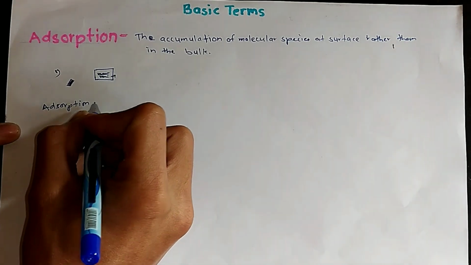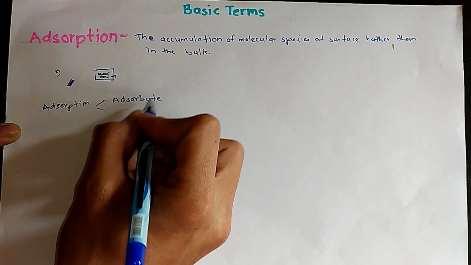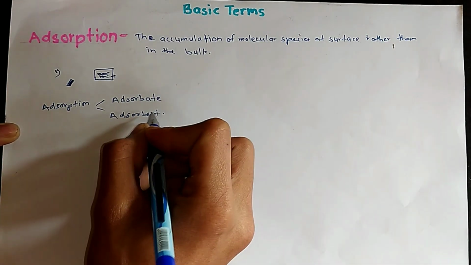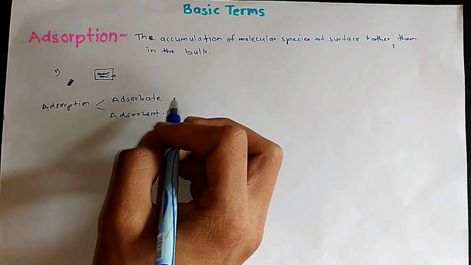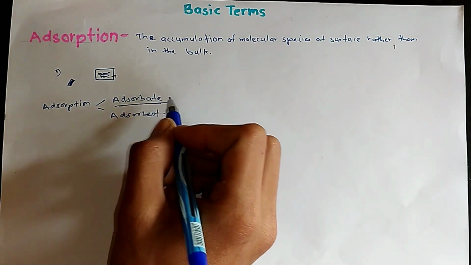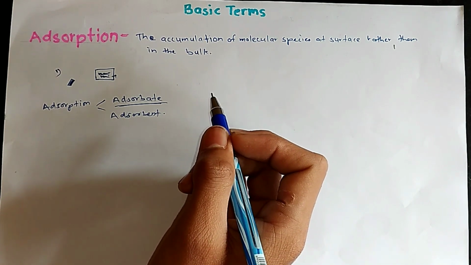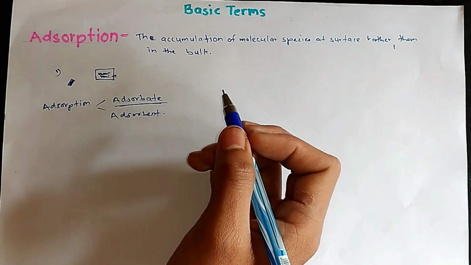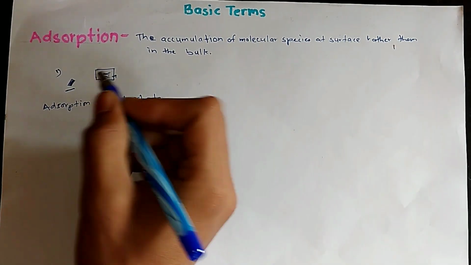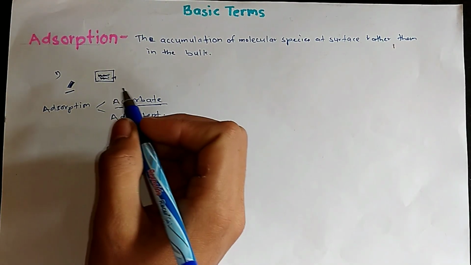In adsorption we have two terms: adsorbate and adsorbent. What is adsorbate? Adsorbate is a substance which is being adsorbed on the surface of an adsorbent.